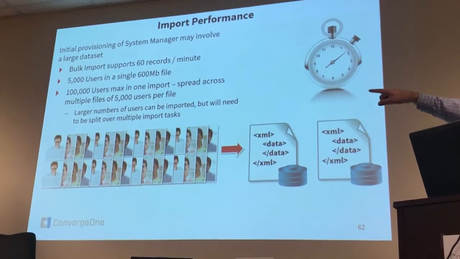It says here that 100,000 users maximum in one import is spread across multiple files, but in release 7 that changed to 250,000 users, still spread across multiple files. So in release 7, it's still 5,000 max per file, but you can now go up to 250,000 users.